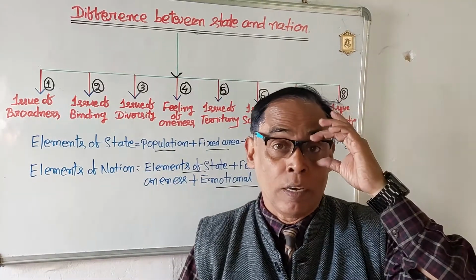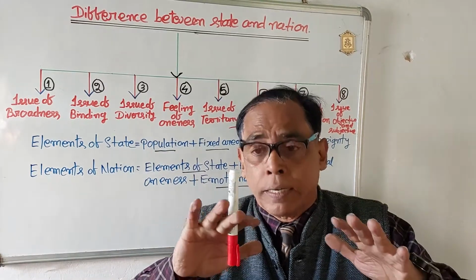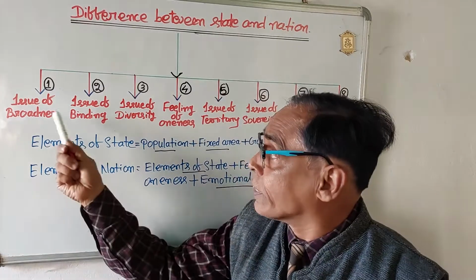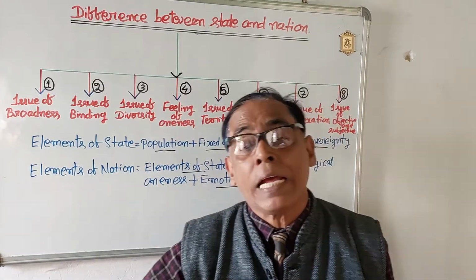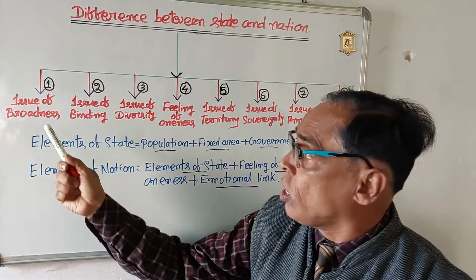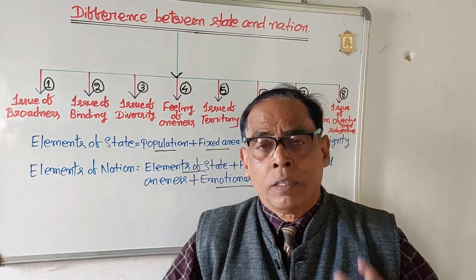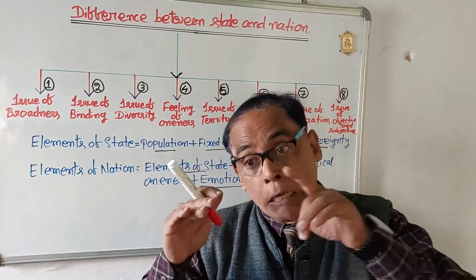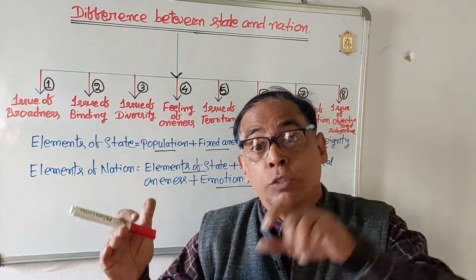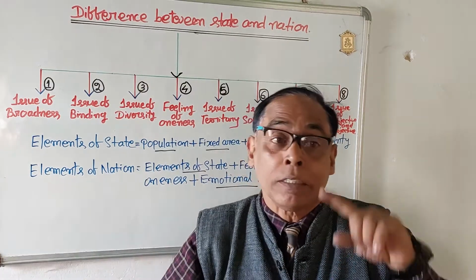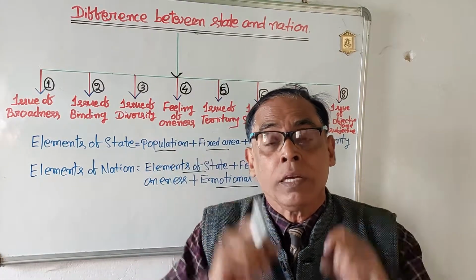Now we'll discuss the basic differences between these two. The first difference between state and nation is on the issue of broadness. It means a nation in comparison to a state is very broad, and a state in comparison to a nation is very narrow.